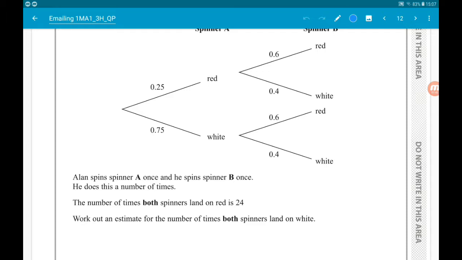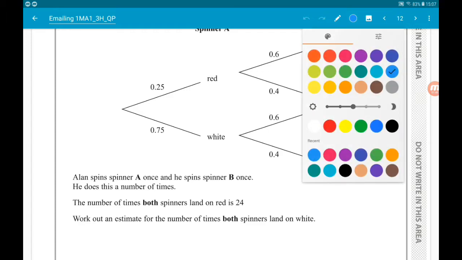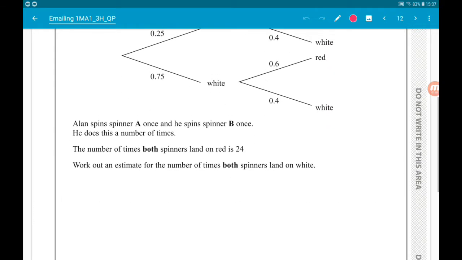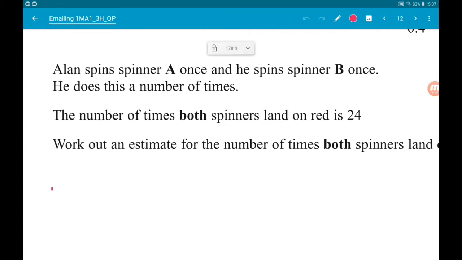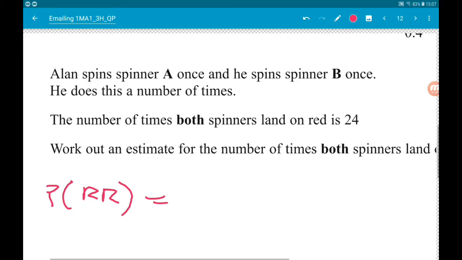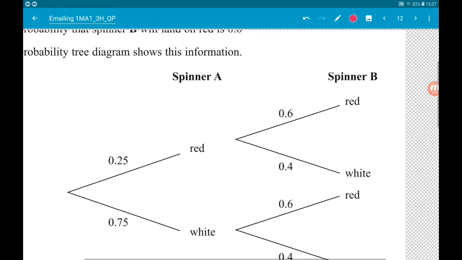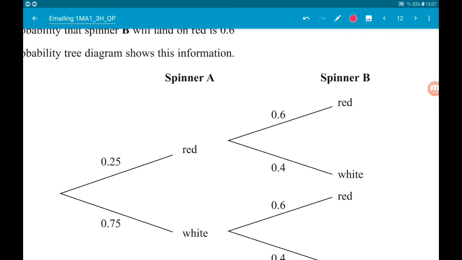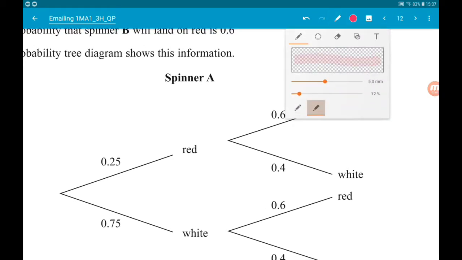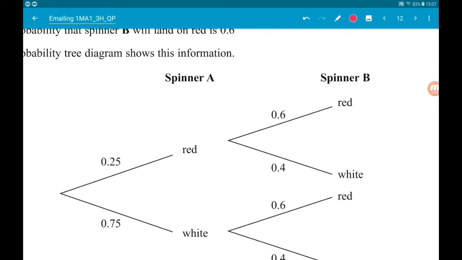So let's do that. So we'll call this the probability of red. So when you're playing with tree diagrams, you multiply along the branches.